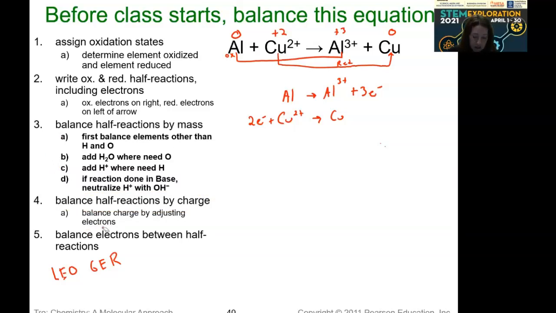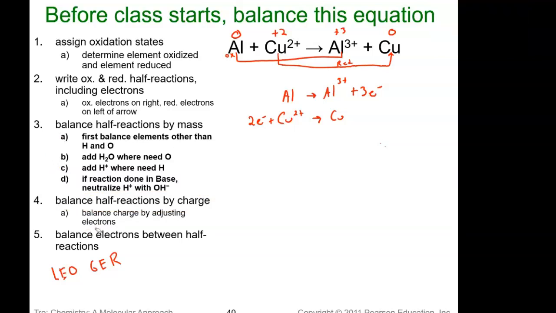Adjust the electrons. I had a question. Yeah, go ahead. Let's say for aluminum, there were 2 different charges, like instead of the plain Al, it is Al2+, and the other one is Al3+. Do we have to make it equal 0 on both sides? Yep. Oh, okay, makes sense.